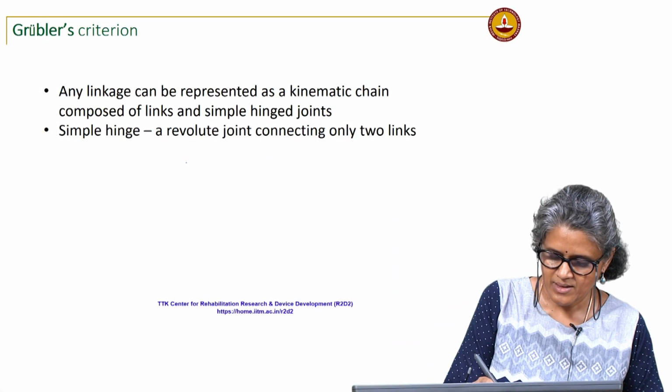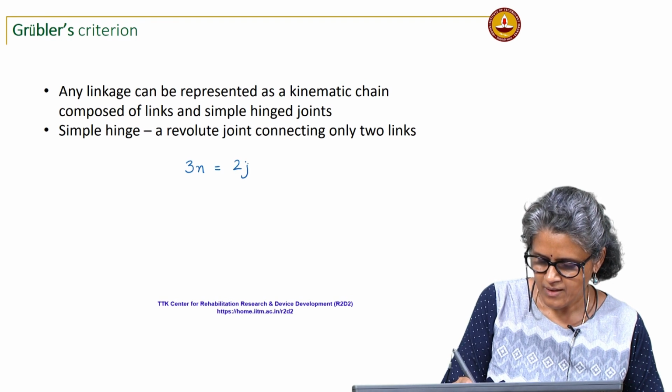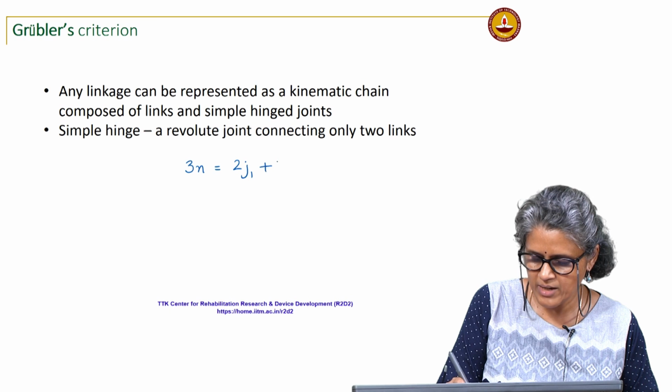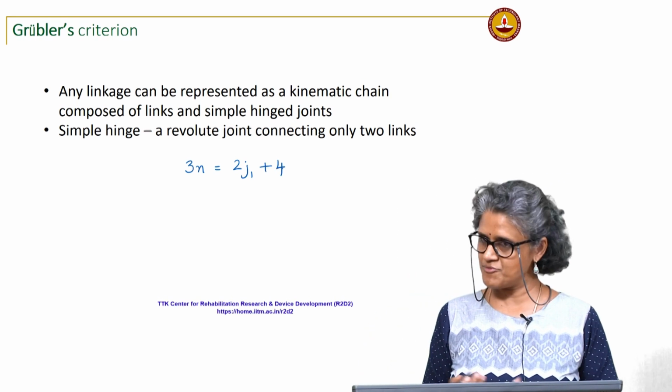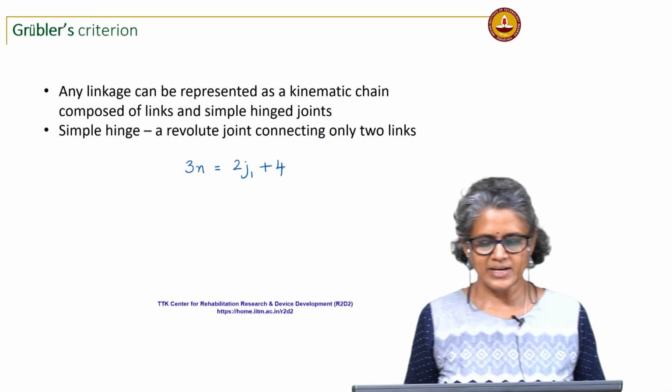In the last class we derived the planar mobility criterion, and Grubler's criterion is nothing but the mobility criterion for mechanisms with mobility equal to 1 and only single degree of freedom joints. It is just a special case of the planar mobility criterion.